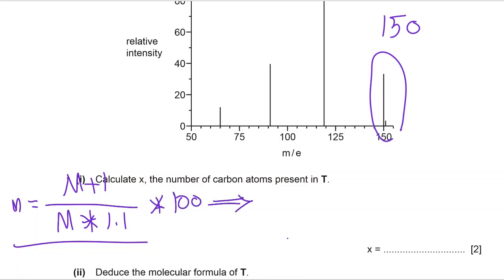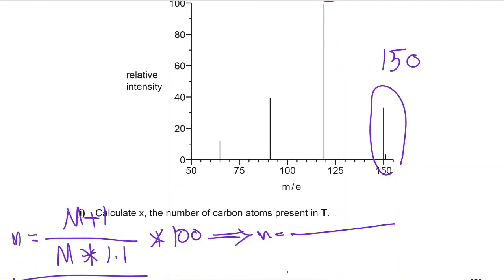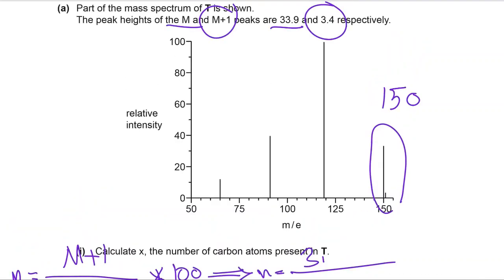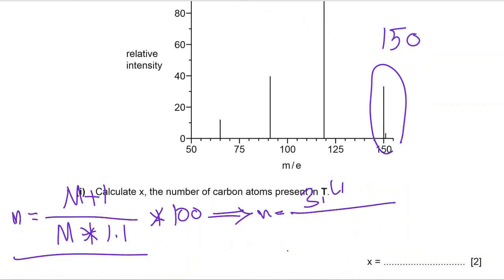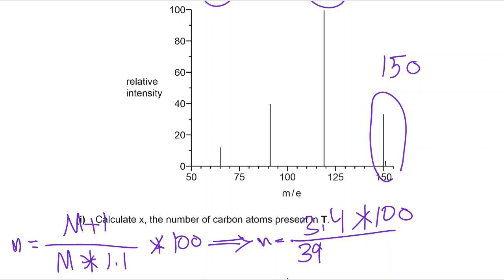Let's apply this. M plus 1 is 3.4, times 100, over 33.9, times 1.1.